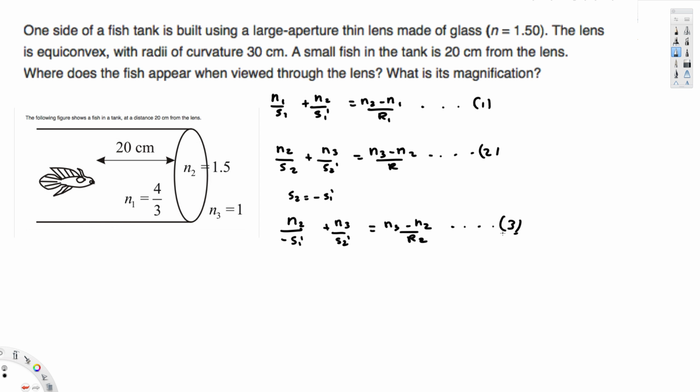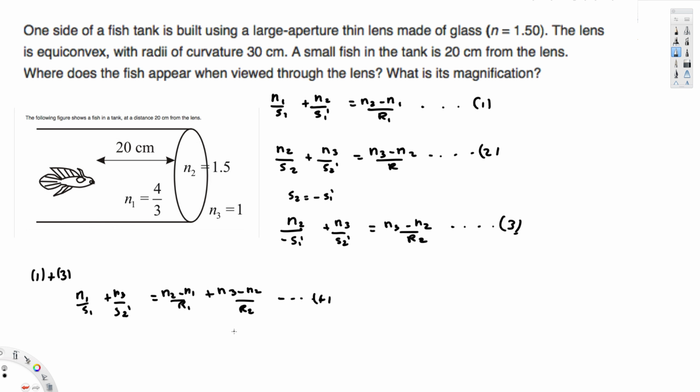Now we are going to add equation 3 and 1 together, and that is going to become n1 over s1 plus n3 over s2 prime is equal to n2 minus n1 over r1 plus n3 minus n2 over r2. So this is our equation 4.